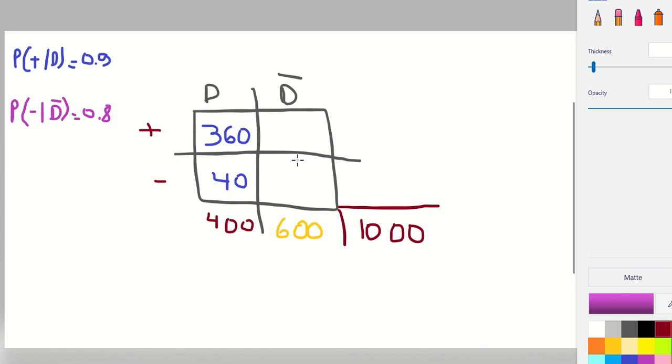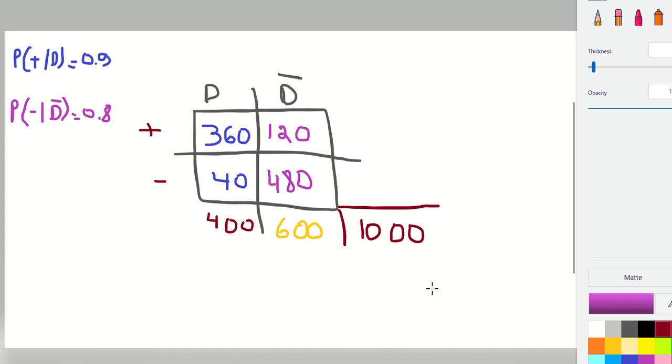So what is 80% of 600? I multiply 0.8 by 600, and that should give me 480. And therefore 480 plus something is equal to 600. Obviously this is 120.